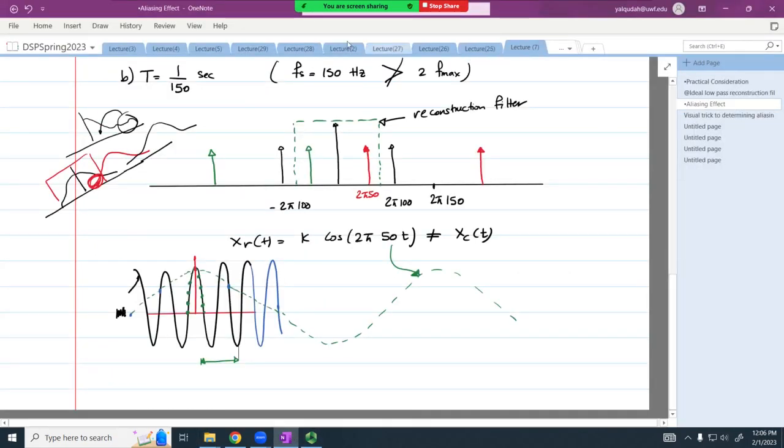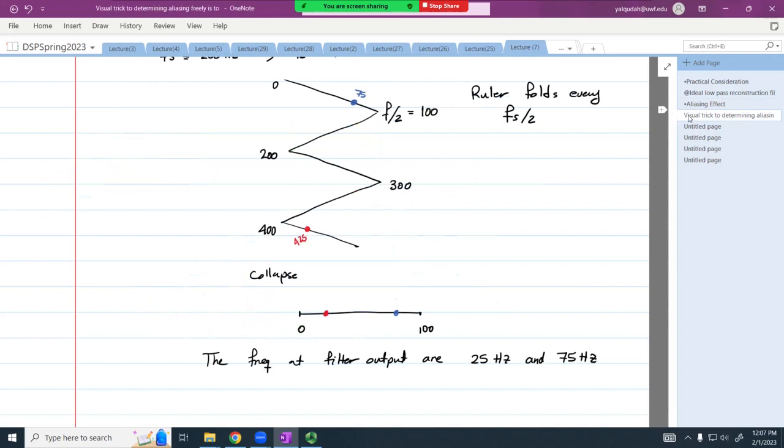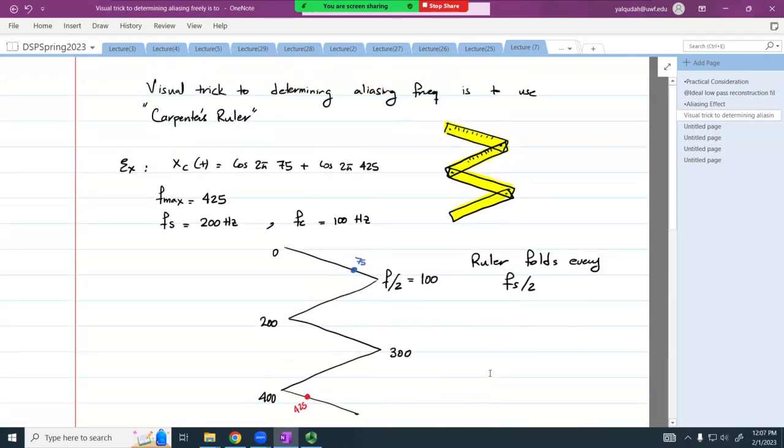So in that example there, it would have been aliasing. Yes, you want the output of the filter to have 75 and 425, exactly correct. But in order to get these, I have to have a sampling frequency that is greater than 850.